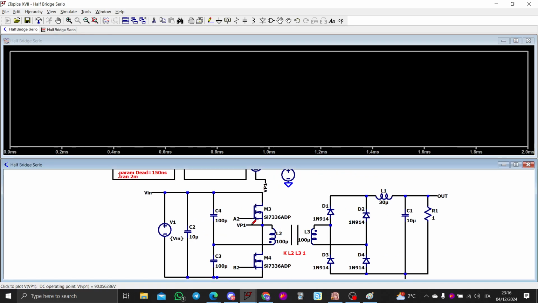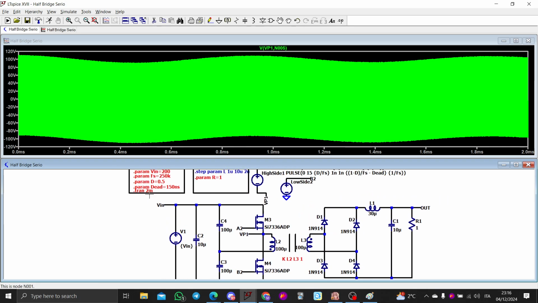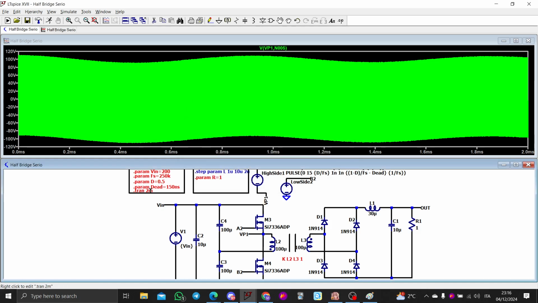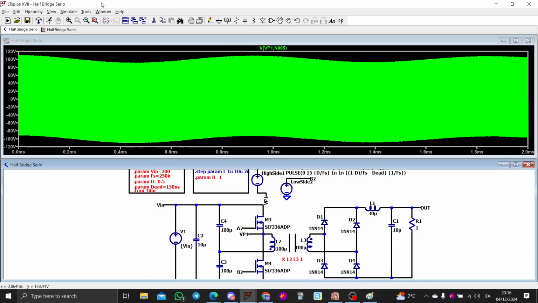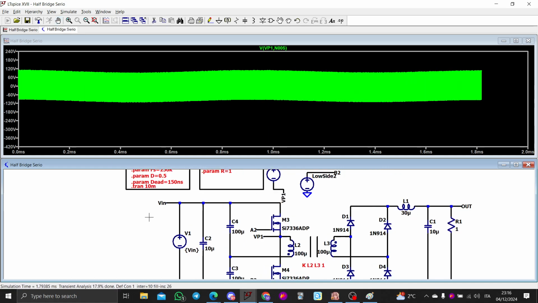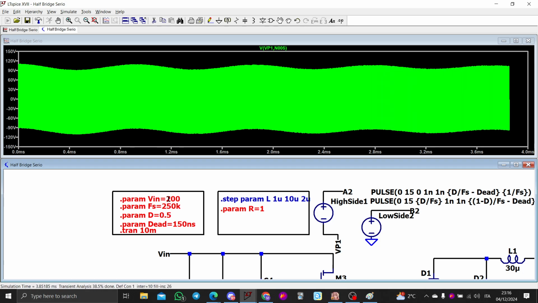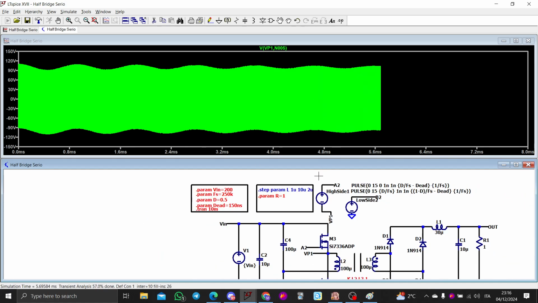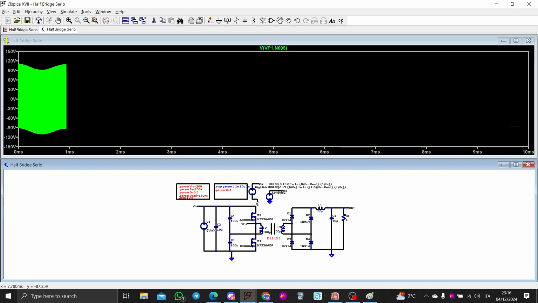So let's check the primary voltage, VP1, VP2. Whoa, what's with the oscillation? I don't understand, but anyway, let's increase the stop time to 10 milli. As you can see, the Vin is 200 volts, so you expect that the transformer has a voltage between plus and minus 100 after this oscillation is finished.